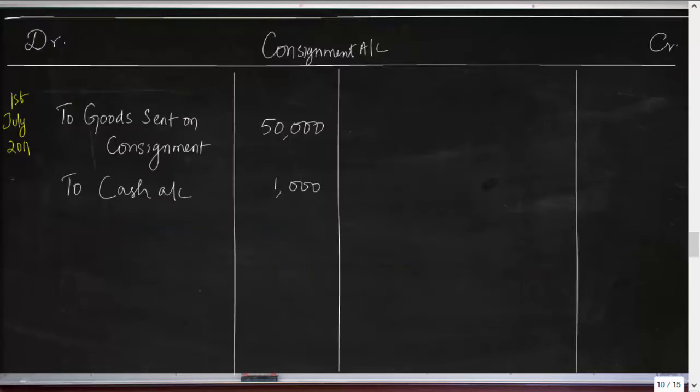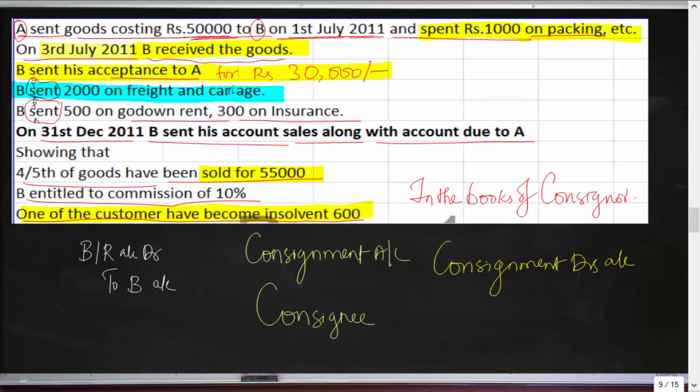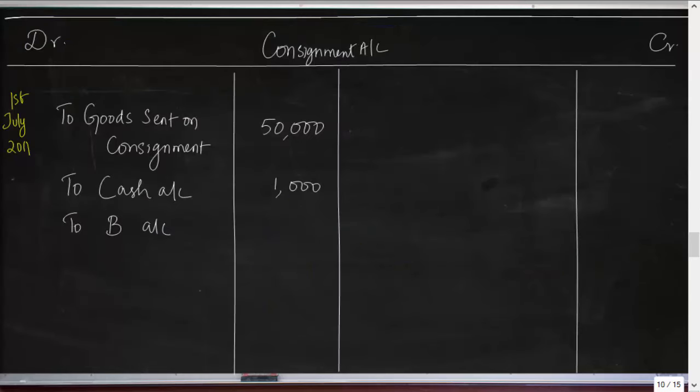So let's go to consignment account. On the debit, we'll say to B account. And what is the value? We know the value is 2000. Now understand, here we have cash spent by consignor 1000, cash spent by consignee 2000.